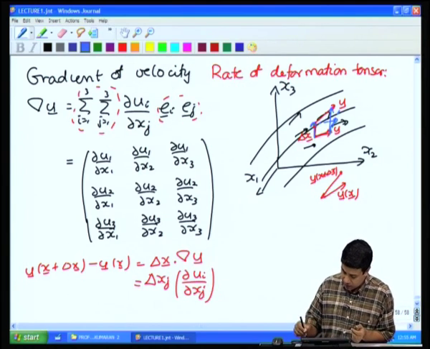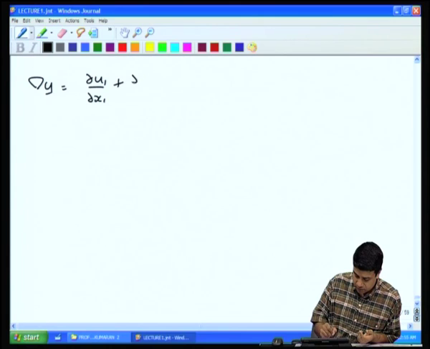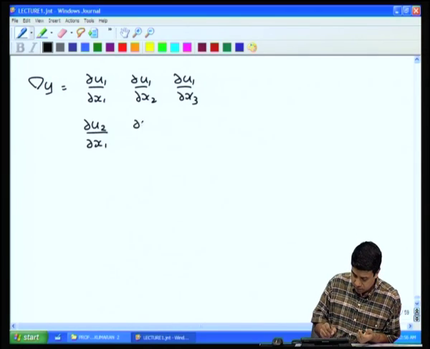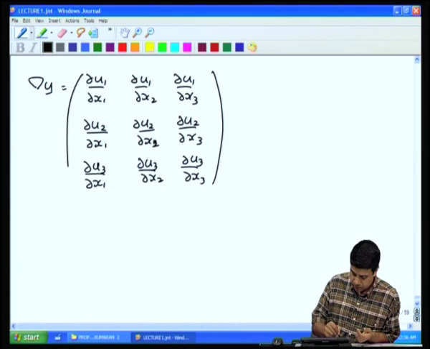So, this rate of deformation tensor is a second order tensor.